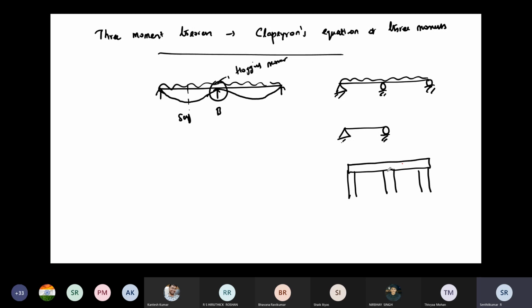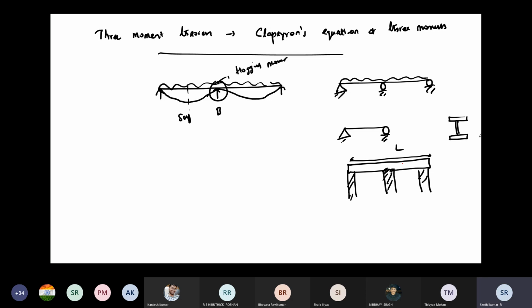These three are columns and this is a beam. The beam is a single length L, going continuously. It is connected here, maybe at the bottom flange. If you have an I beam, it is connected at the bottom flange of the I beam. You know what an I beam is, right?